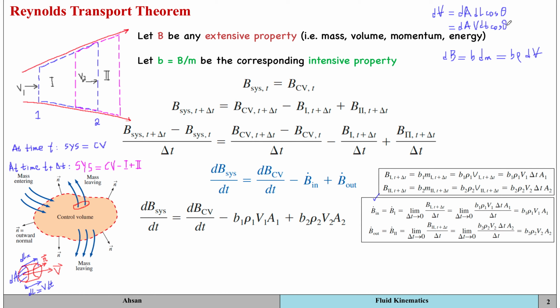And now I can go ahead and plug this in over here, because that is what we're doing. So differential dB is going to be equal to small b into density into dA v dt cos of theta.